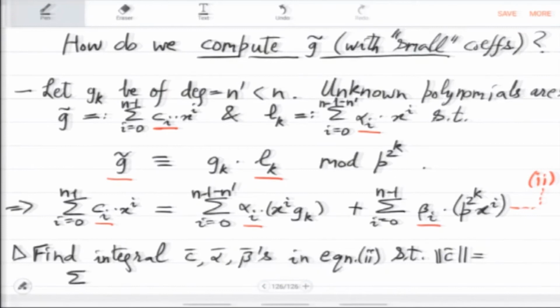So the norm of the vector C is the square root of the sum of ci squared, right, that is the Euclidean norm. So I want this to be small.